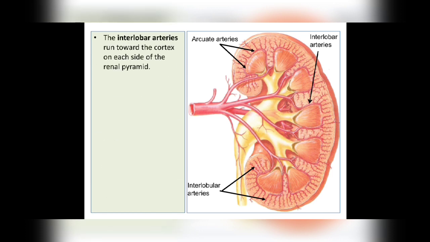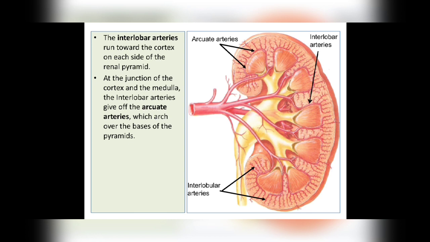The interlobar arteries run towards the cortex on each side of the renal pyramid. At the junction of the cortex and the medulla, the interlobar arteries give off the arcuate arteries.